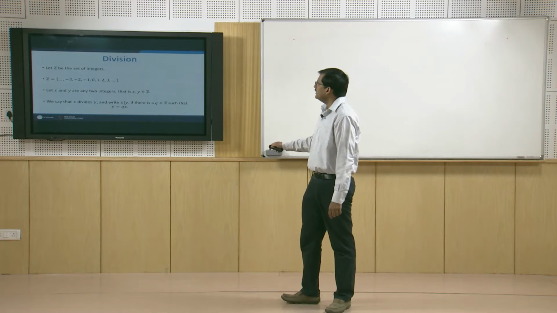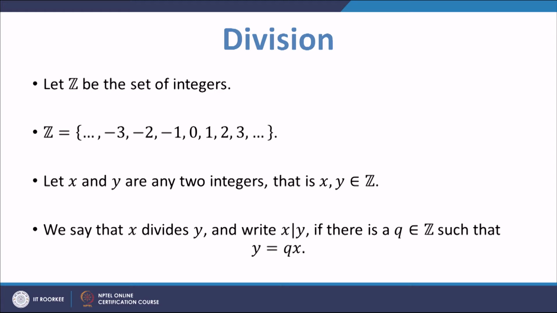Our starting point is the set of integers Z, which is 0, 1, 2, 3 onward, and on the negative side -1, -2, -3 and so on.